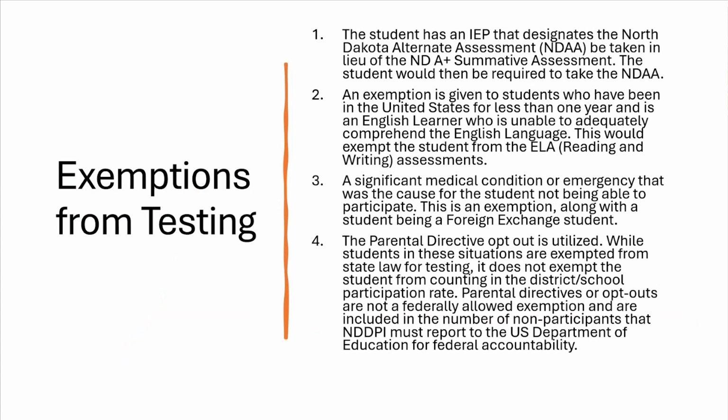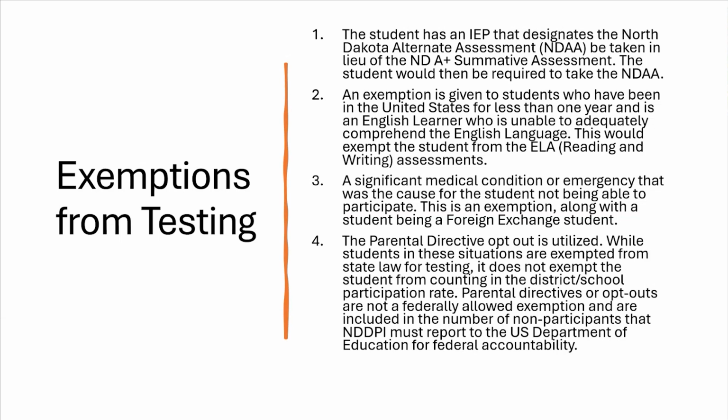In certain situations, students may have exemptions from testing. If they have a severe medical condition, a parent opted them out of the test, they have an IEP that designates an alternative assessment, or students that have not been in the country for more than a year. Those would be examples of exemptions. You can code these.